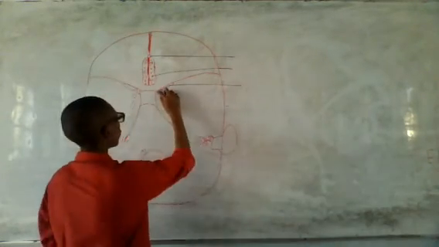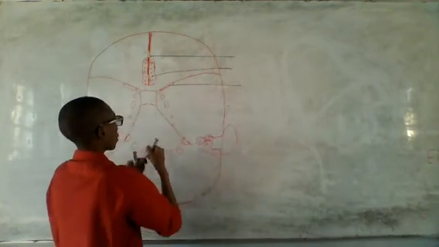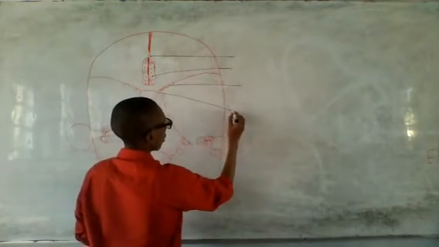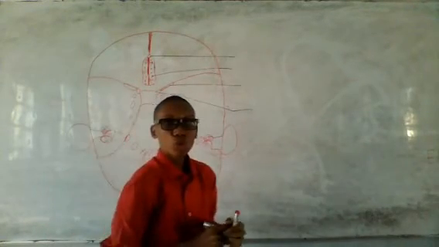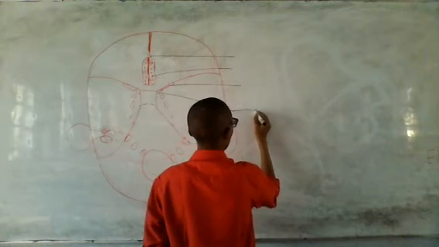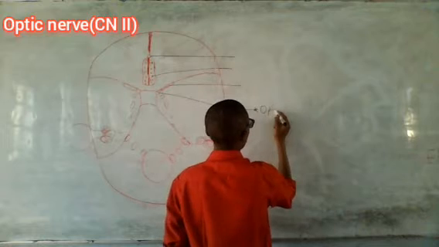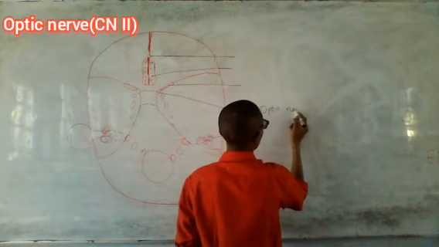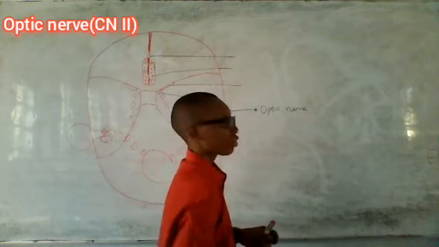Now we're moving into the next structure, the optic canal. What structures pass through the optic canal? We have the optic nerve, which is the second cranial nerve.